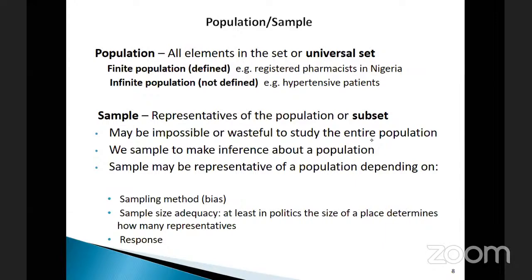Let me take it home a little bit further. If you are looking at prescription pattern in a hospital, you go to the medical records and see prescriptions over a period of 10 years. And you might see over 20,000 prescriptions. Then you start going through the 20,000 prescriptions and evaluating them.